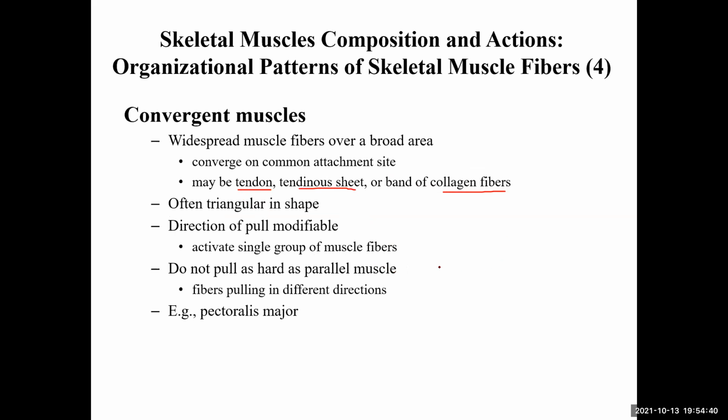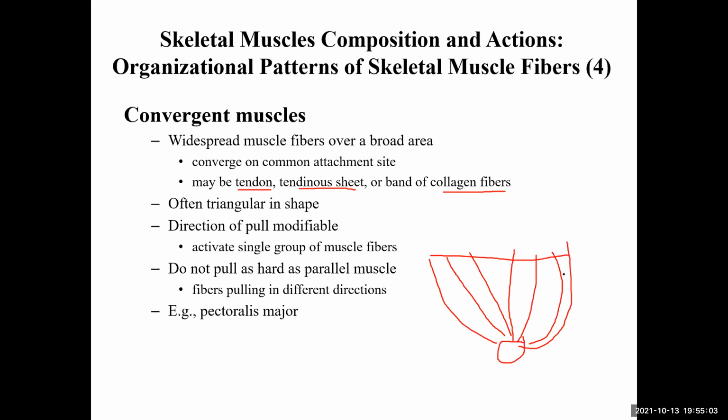But regardless, you'll have these muscle fibers that fan out on one end, and they all come down to this convergent point. And again, it could be a tendon, it could be a sheet, an aponeurosis. So it all just comes down to a central point right down in here. So they'll resemble a triangular shape.